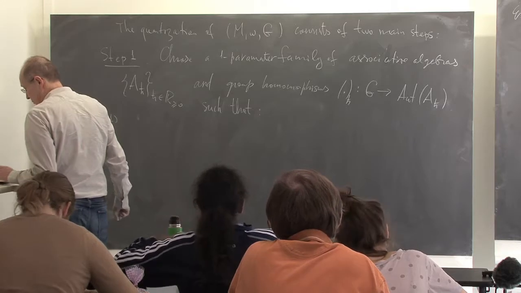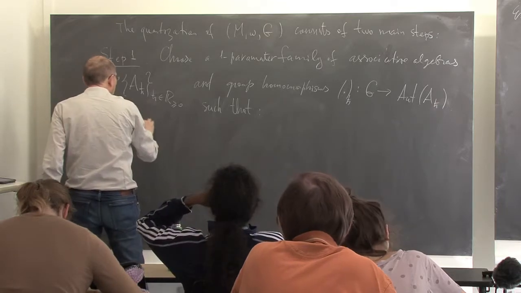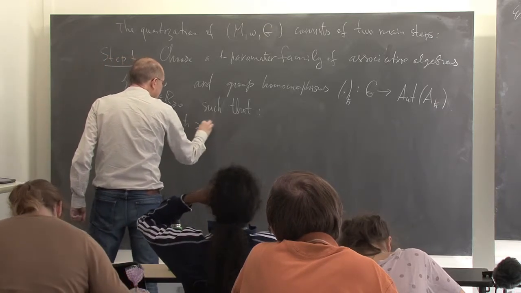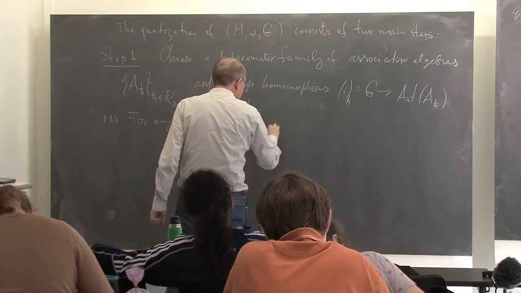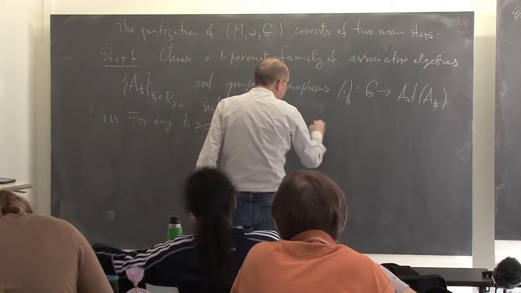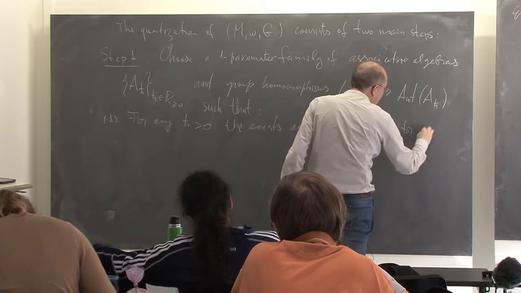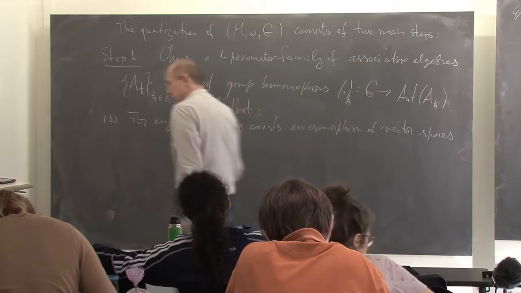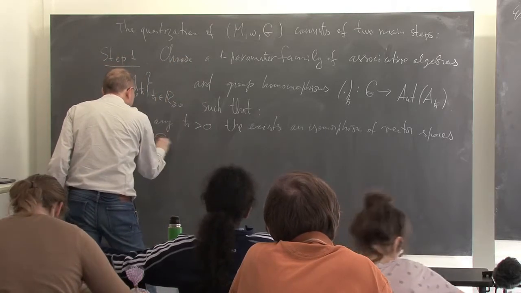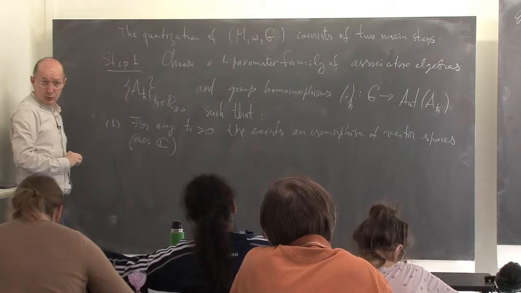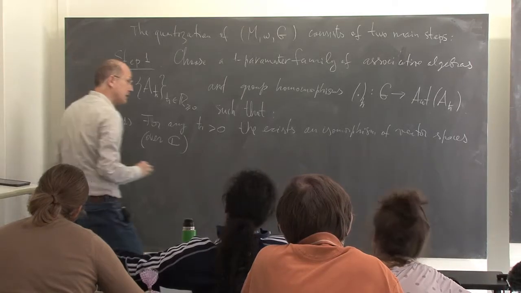The first condition tells us that for any positive h bar, there exists an isomorphism of vector spaces over C. So at this moment we switch the coefficient field to complex numbers.